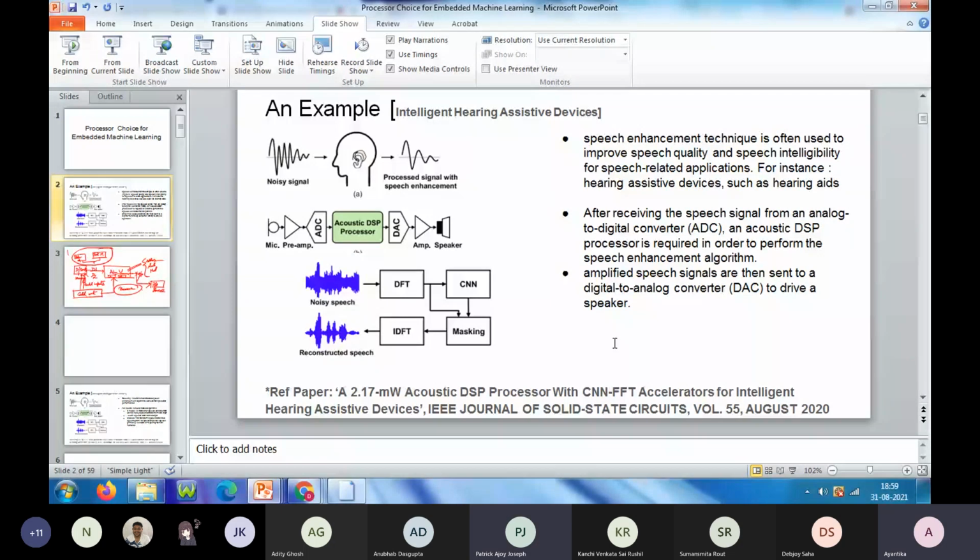If you are talking about a machine learning algorithm based on this CNN, this convolution, where you have to do huge matrix multiplication, then of course a DSP type of processor will be meaningful. If you are thinking of some other kind of machine learning algorithm, then your processor may change. You may not need a DSP in that way. Simply another type of microcontroller will suffice. We'll see tomorrow also.